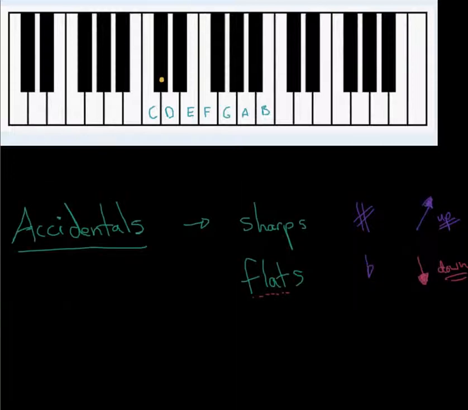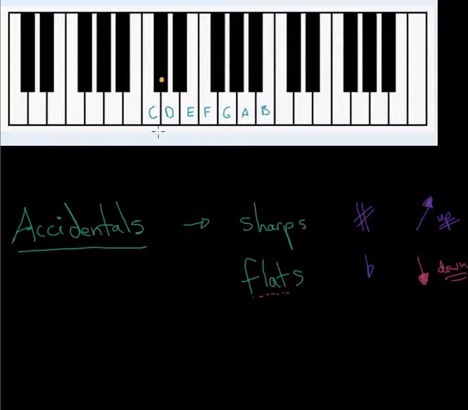What note is this called? And you're probably going to say, well, I imagine it's called some kind of note with a sharp or flat attached to it. And if you thought that, you would be absolutely right.